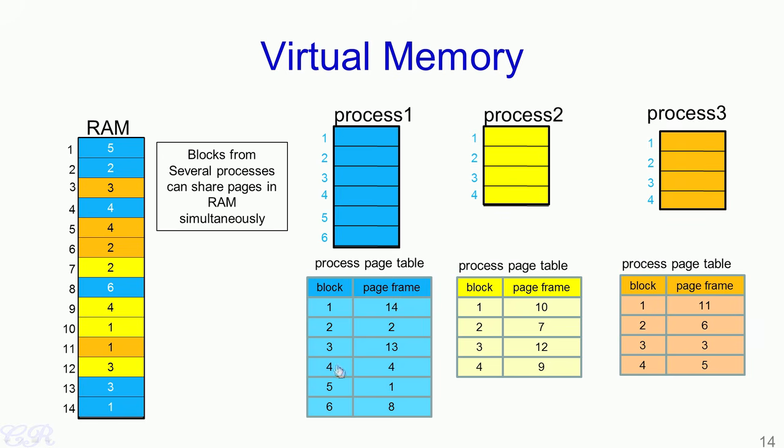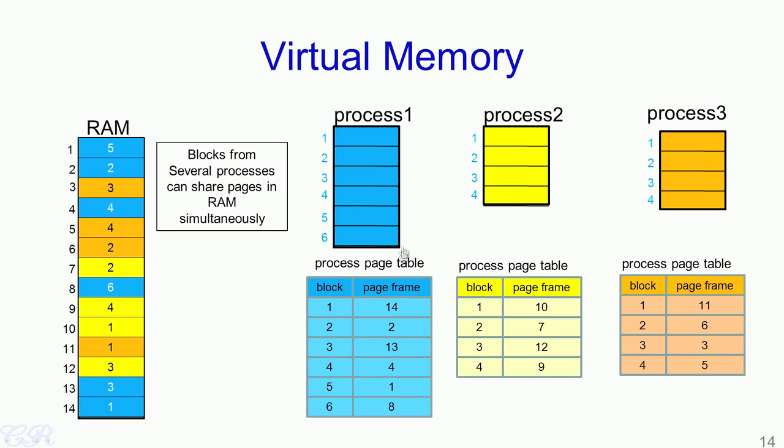However, the process page tables are present in the kernel space, and therefore, any program you write in the user space will not be able to determine what the process page table mappings are. Now, since we have multiple processes executing in the system, each process could have various page frame mappings.